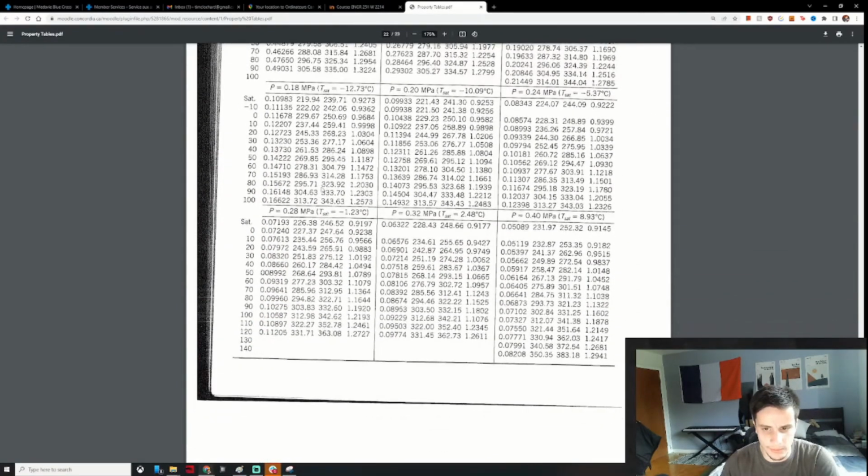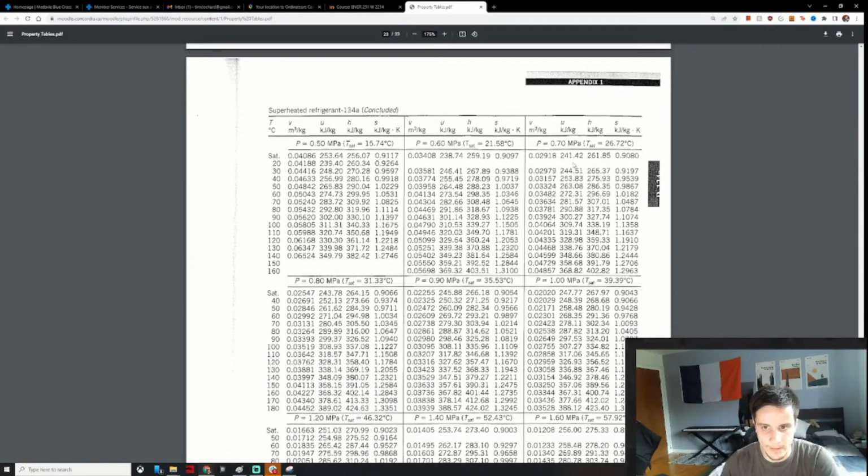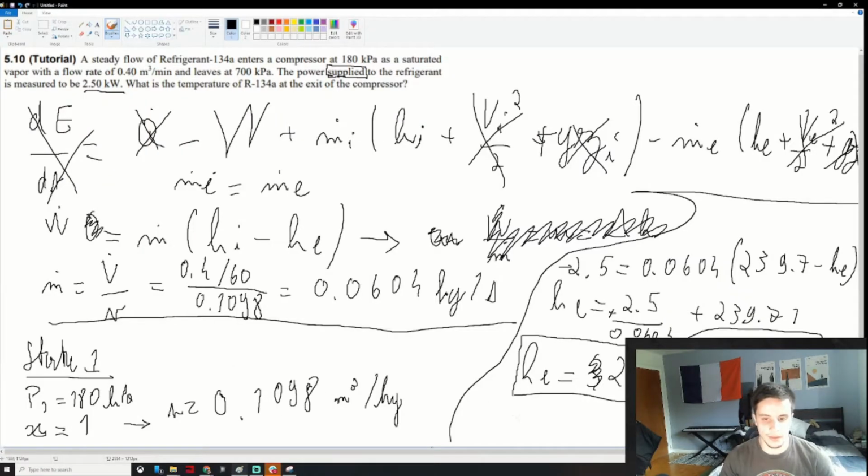Go down to 0.7 megapascal right here, and our specific enthalpy of 281. So it's in between these two values. So you would have to do some interpolation, and it's in between 40 and 50 Celsius. And so normally interpolating that would give us a value of 48 Celsius. And there you go.